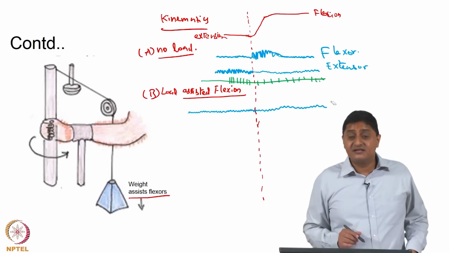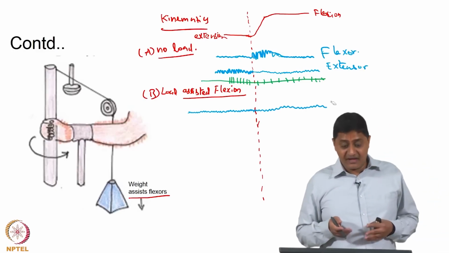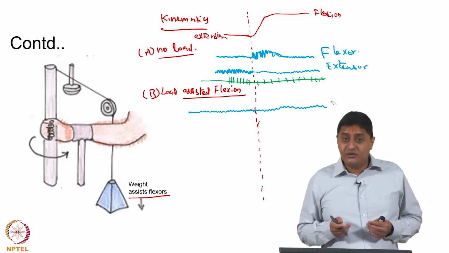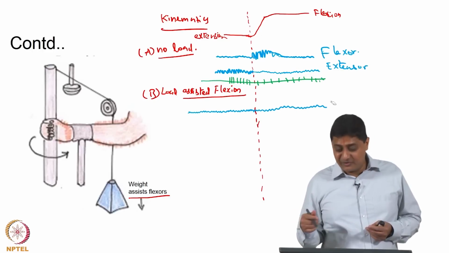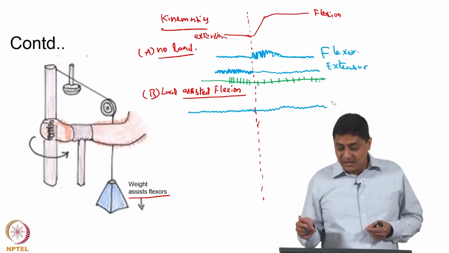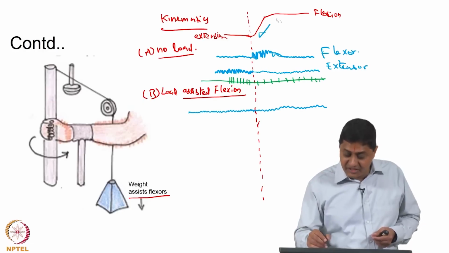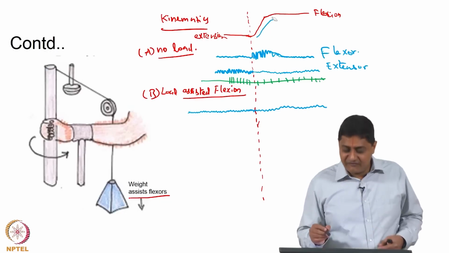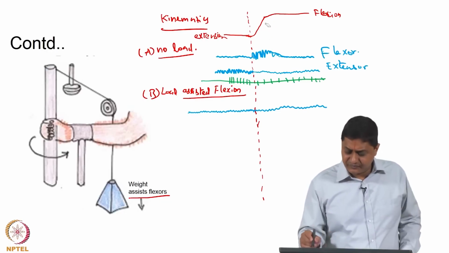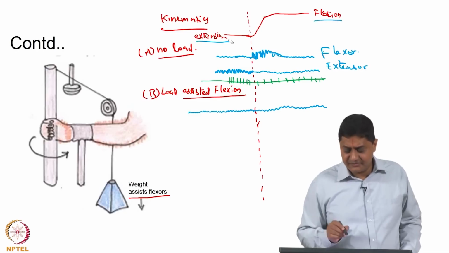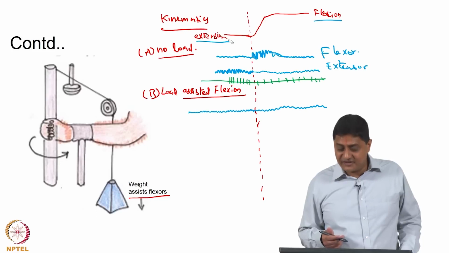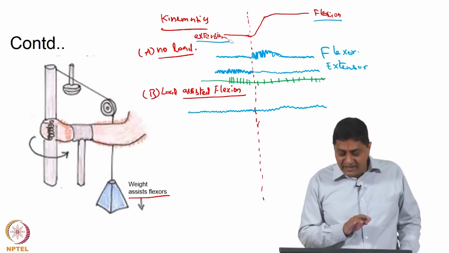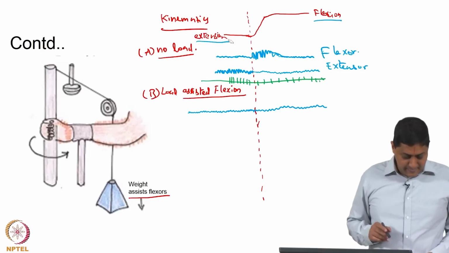In other words, the monkey is taking advantage of the fact that the load is assisting the flexors. Anyway I want to perform flexion movement, and the kinematics is going towards flexion, is it not? We said this is flexion, this is extension. In that case, since the load is assisting my activity, flexor activity is baseline throughout, right.